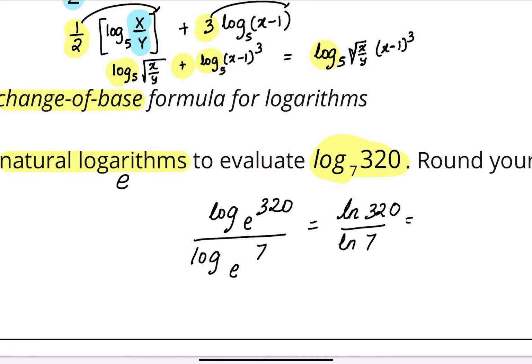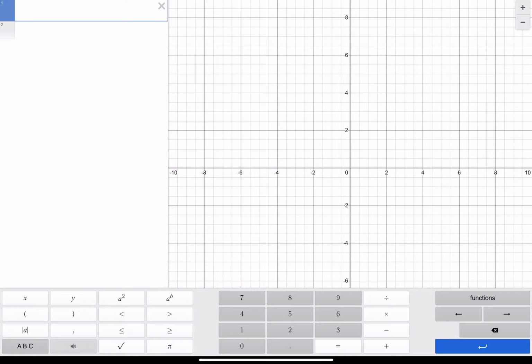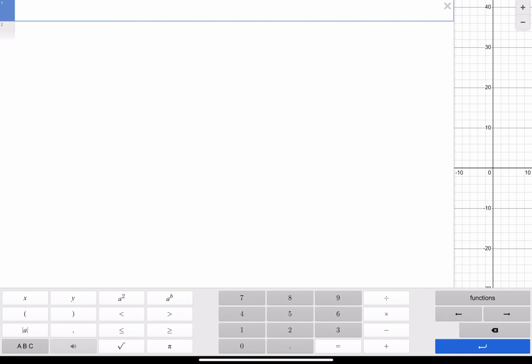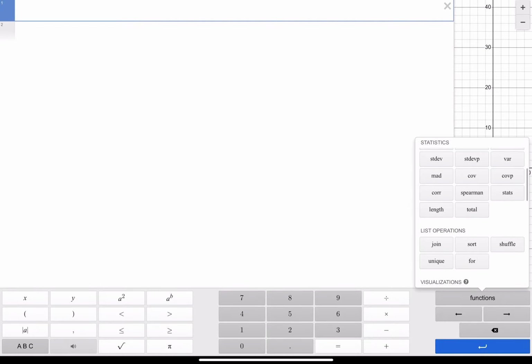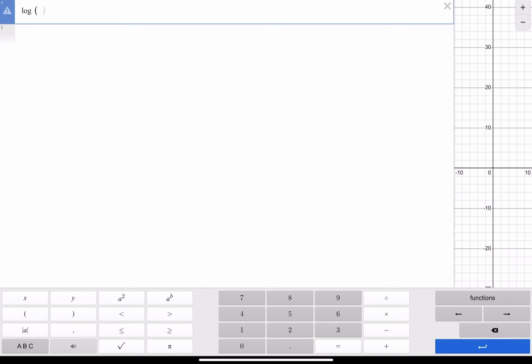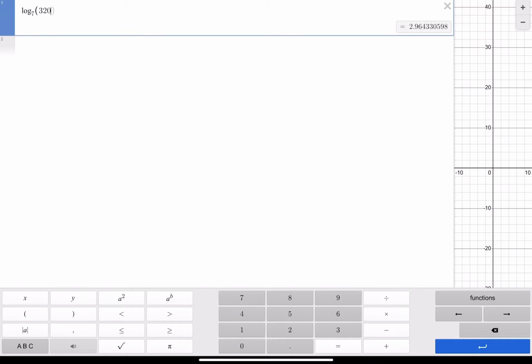Now let's go ahead and see if these are the same. I'm going to go ahead to my Desmos. Let me see if I can zoom this in. No, I cannot. Oh yeah, I can. I'm going to find log base 7 of 320. Oops, that was base 7 and this was 320.